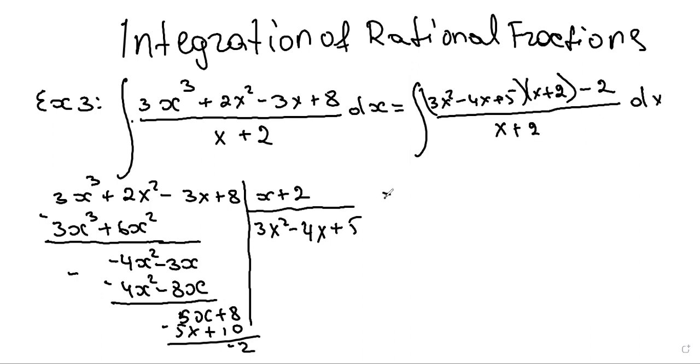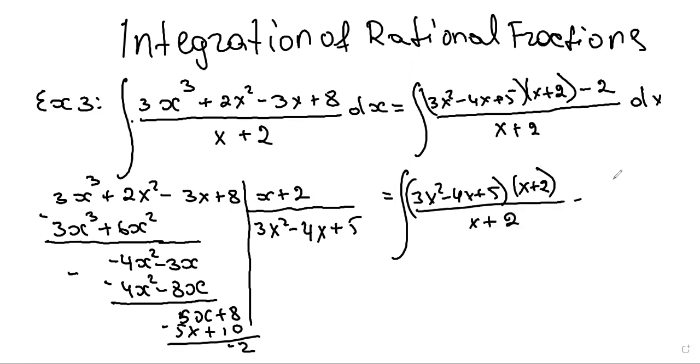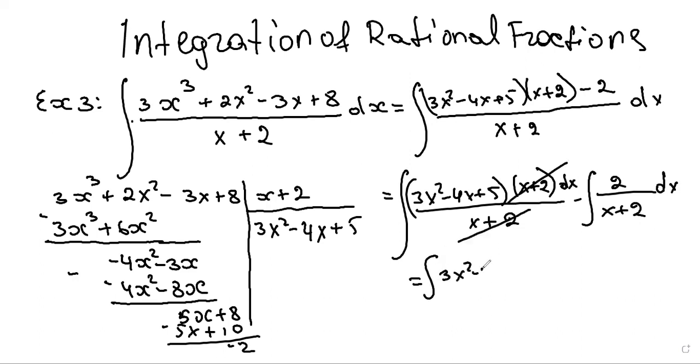If we write it as two separate fractions, the first is times (x plus 2) divided by (x plus 2), minus 2 divided by (x plus 2). If we integrate these separately and eliminate this x plus 2, we get the integral of (3x squared minus 4x plus 5) dx minus 2 times the integral of 1 divided by (x plus 2) dx.